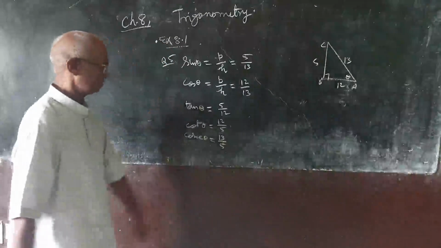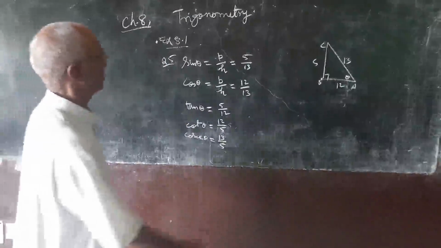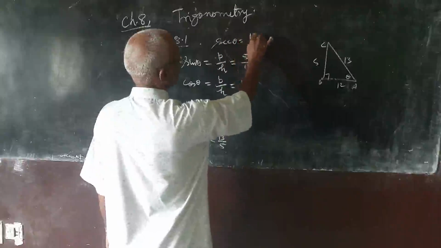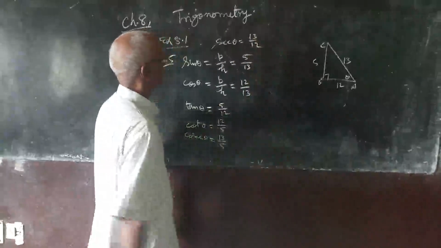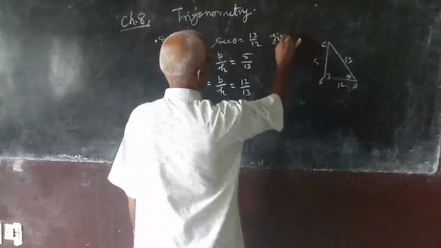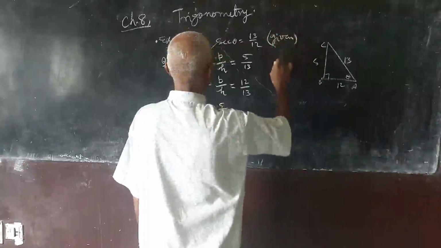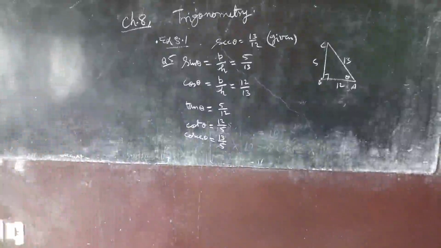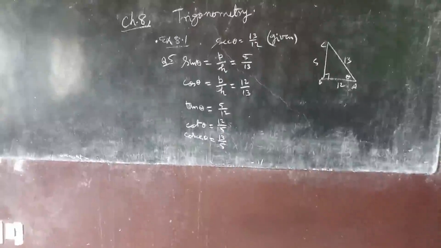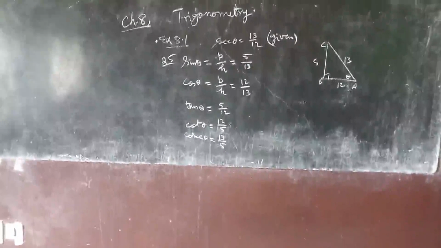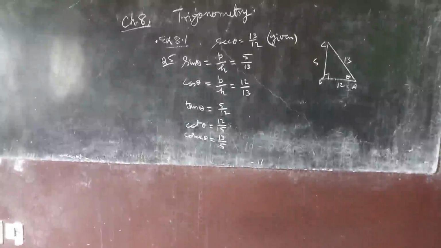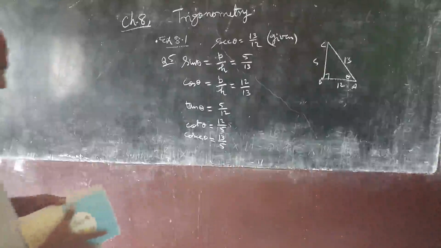Thus these 5 ratios, one is given, sec theta is equal to 13 by 12. This was given and the other 5 were to be calculated. So you do it the way I have done. You may ask questions if any. So this exercise is new to you.